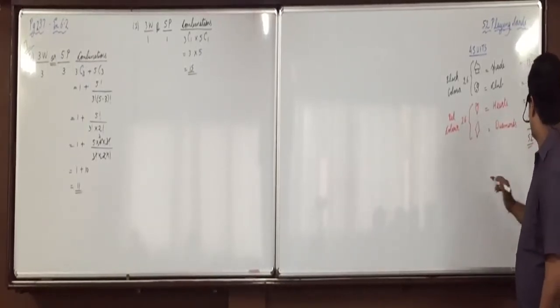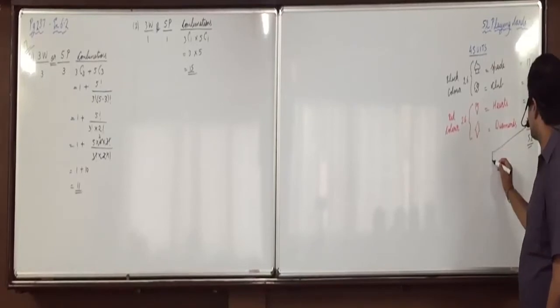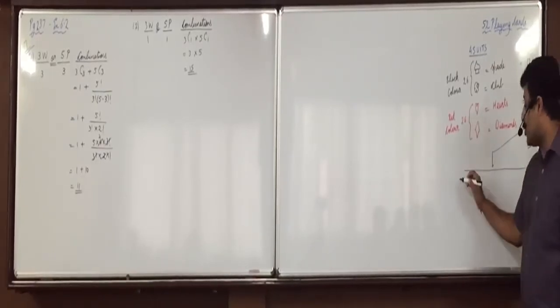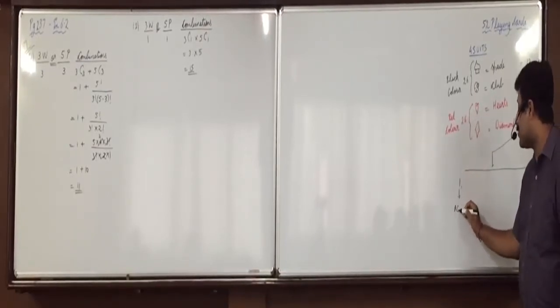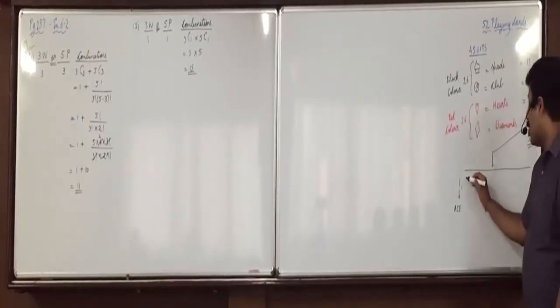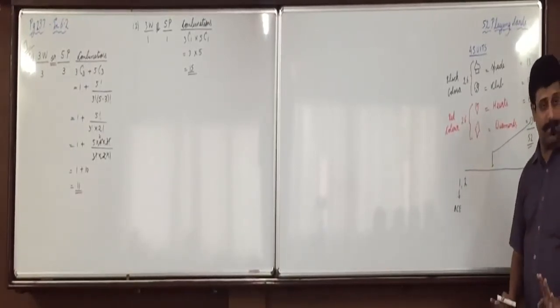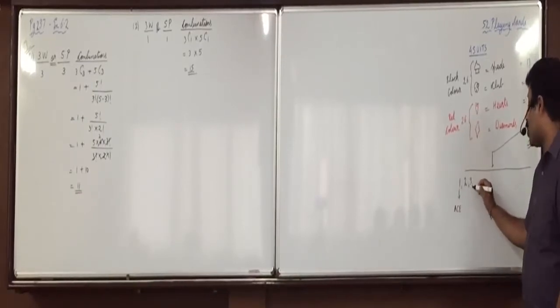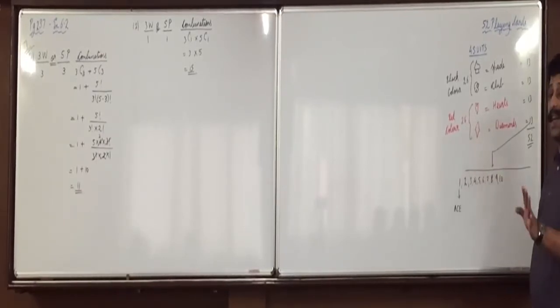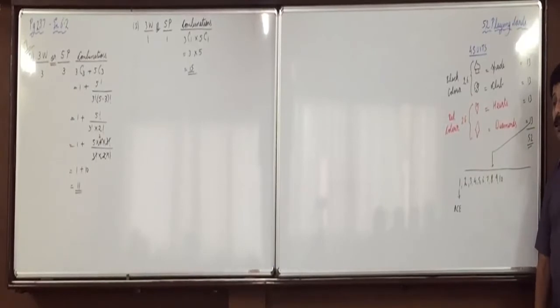Further, these 13 cards include one which is called ace. 2 is called 2 only. 2 to 10 they are called 2 to 10 only.